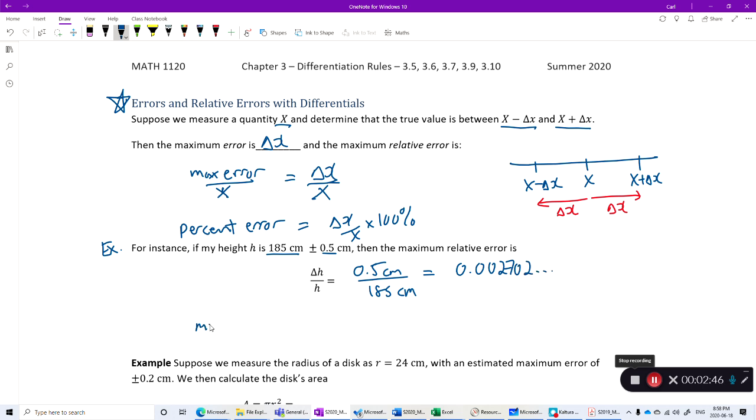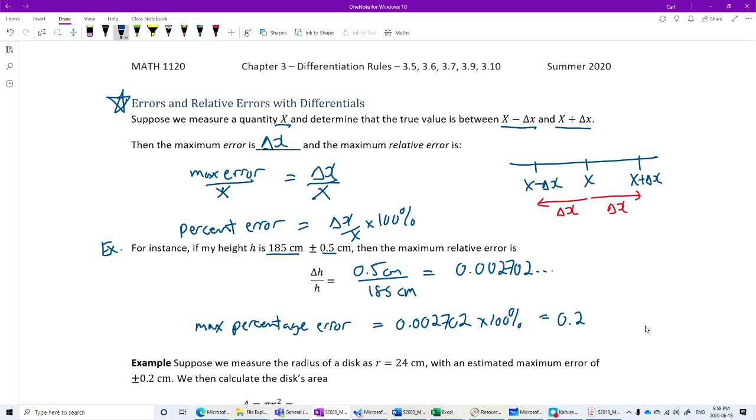And the maximum percentage error is that same thing times 100%. So shift the decimal place twice, so 0.2702%. Okay, so far so good, right?